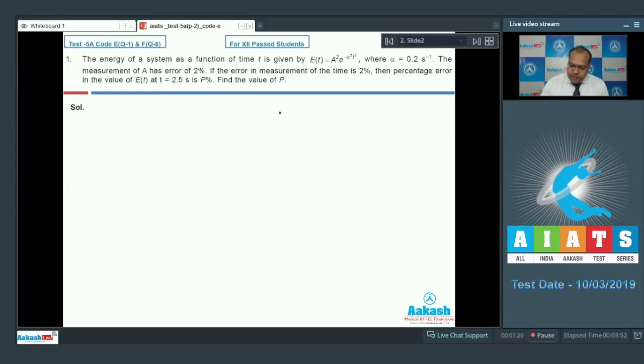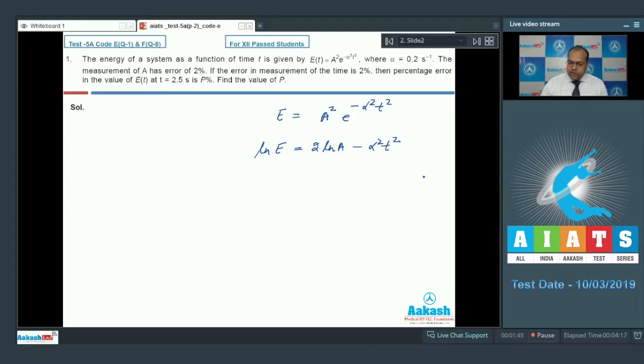So it is given that E is equal to A squared into e raised to the power minus alpha squared into t squared. So if I take ln E, then it is equal to 2 times ln A minus alpha squared into t squared.